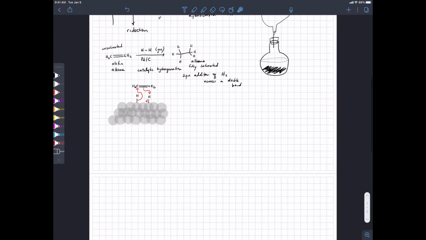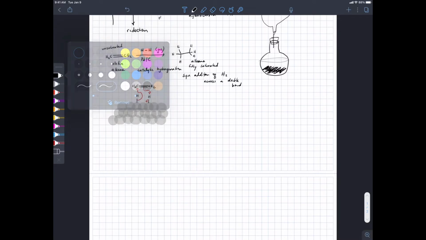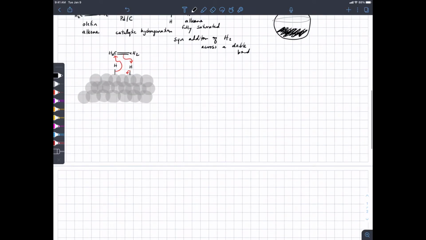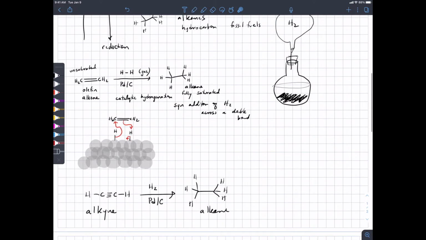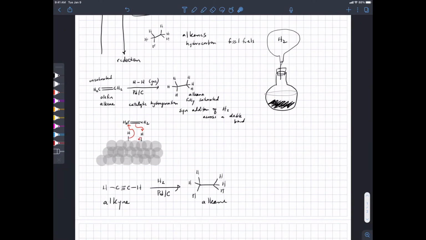So that reaction works for alkenes. It also works for alkynes. If you start with the alkyne, you can similarly use hydrogen and palladium on carbon to reduce the alkyne all the way to the alkane. It's hard to measure out specific amounts of hydrogen because it's a gas.